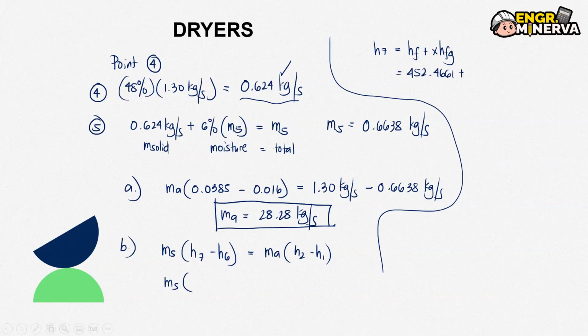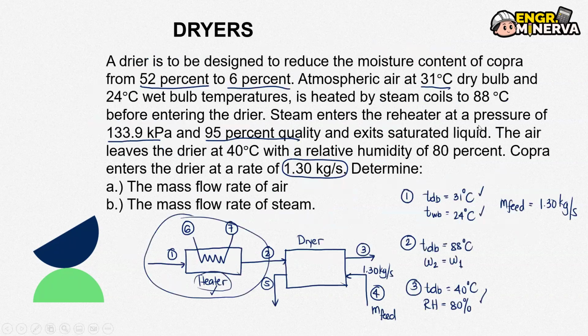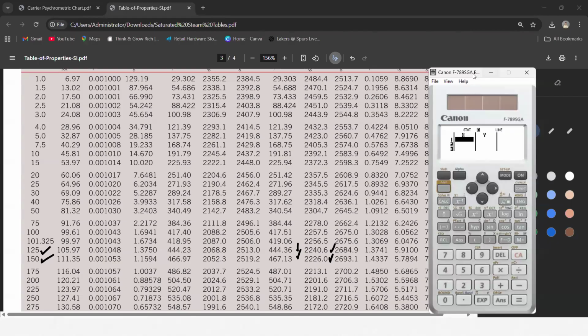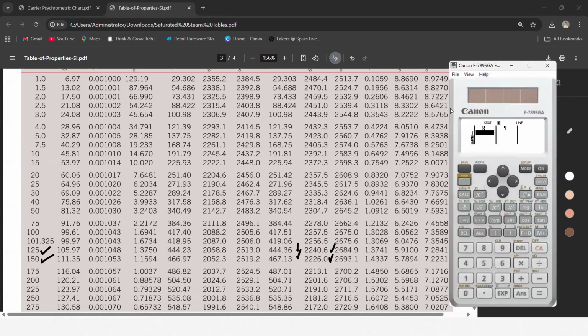452.4661 plus quality is 95%. HFG, let's get that from the table. Again, that is mode 3.2, 125 and 150. Then we have 2240.6 and 2226.0.